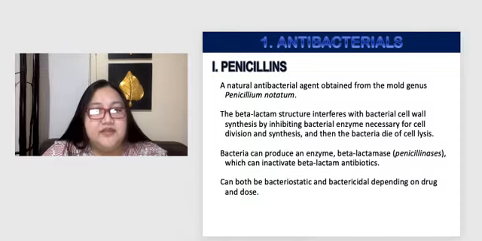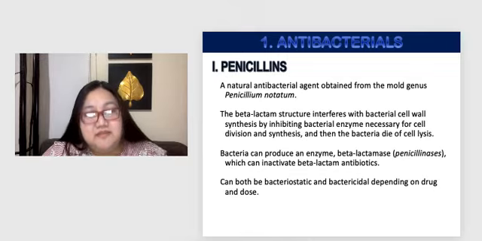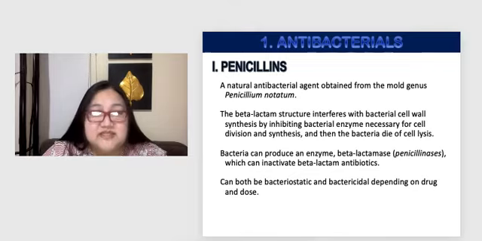And these enzymes are called beta-lactamase, sometimes called penicillinases. And these beta-lactamases actually inactivate the beta-lactam structure of antibiotics. Nagkaroon ng mutation. Now, nagkaroon ng mga panibagong grupo ng antibiotics kung saan kaya rin nilang labanan even if the bacteria was able to produce the beta-lactamase.